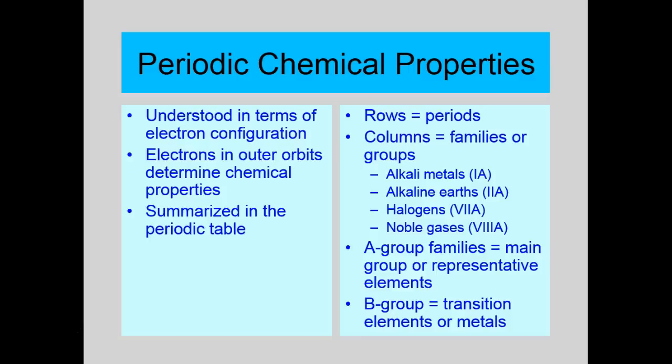Those are called the alkali metals. Okay? 2A: beryllium, magnesium, calcium, strontium, barium, and radium. They have 2 electrons in their outer shell, the filled s subshell.